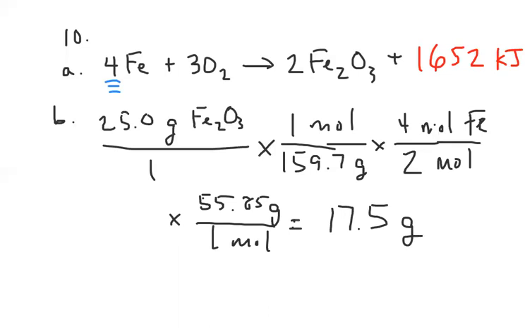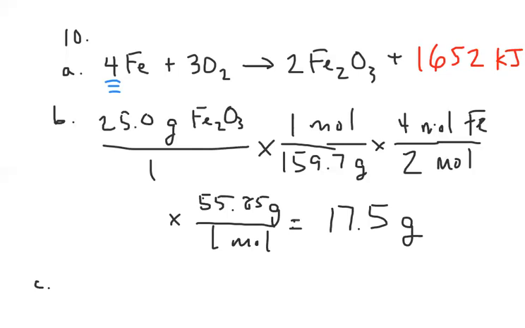Okay, now part C is where we bring in the enthalpy. So it says if we have produced 25.0 grams of iron 3 oxide and it came from 17.5 grams of iron, how much energy will be released?